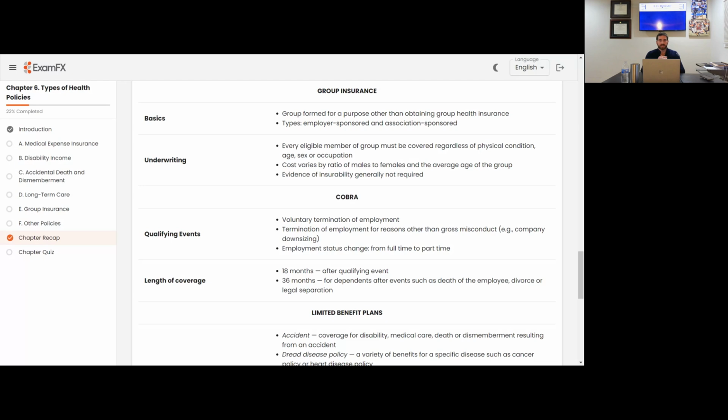Underwriting. Every eligible member of the group must be covered regardless of physical condition, age, sex, or occupation. Cost varies by ratio of males to females and average age of group. Evidence of insurability is generally not required. Again, guys, this goes back to the group life insurance concept of the law of large numbers.